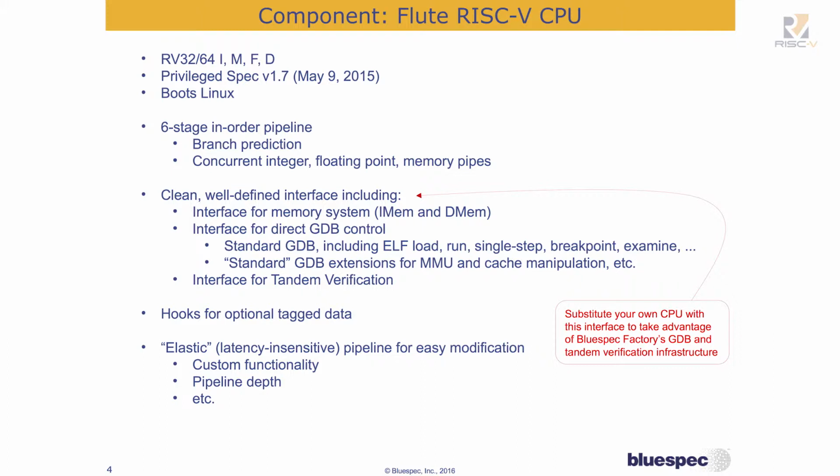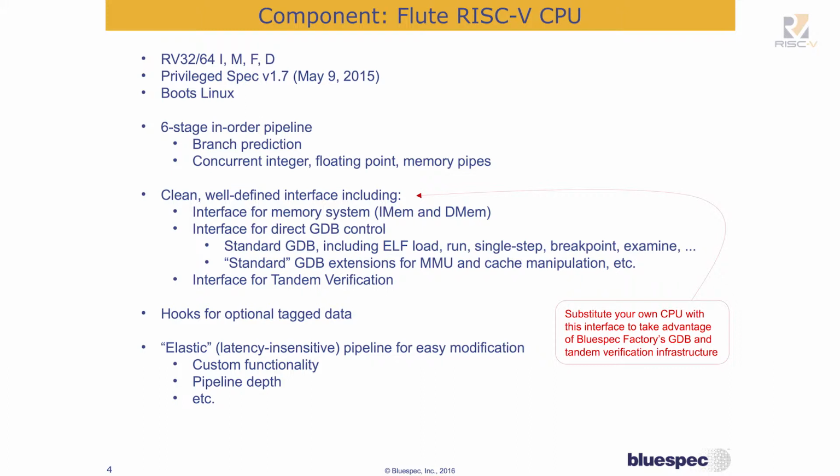The key thing is it has very clean interfaces between stages, so it's quite easy to shrink or expand the pipeline. It exploits the elasticity of BSV interfaces to do that, and is written in a style that enables that. It has direct interfaces for GDB control, and I'll say a little bit more about that when I show you the environment in which it runs.